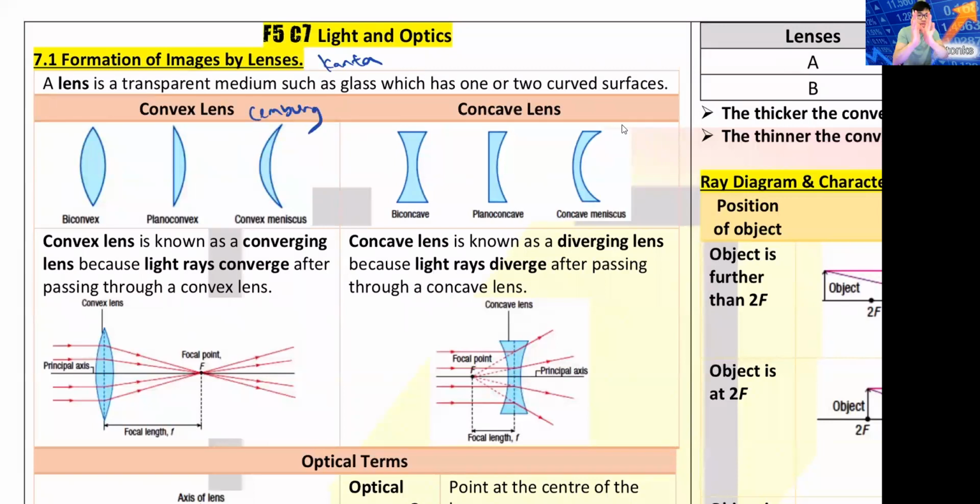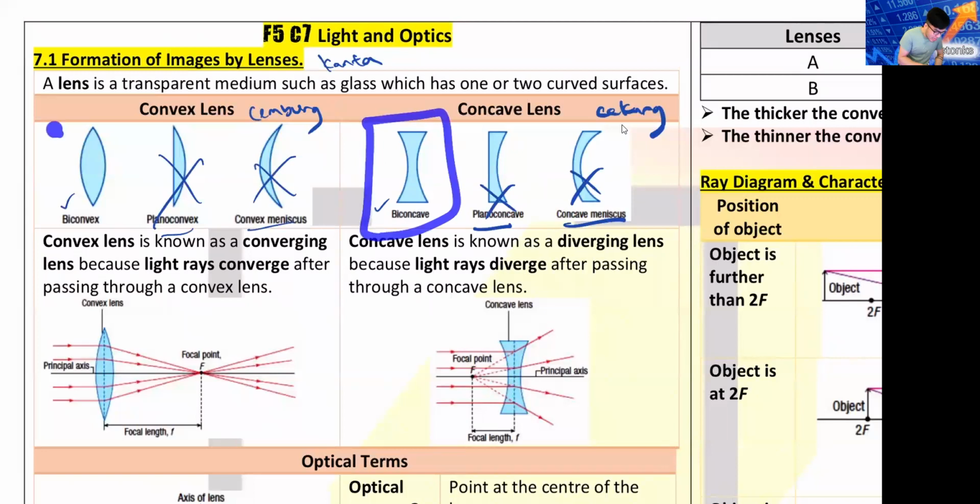And you have the going in one, which is concave lens, kanta cekung. Our focus will be the biconvex and the biconcave. Plano-convex and convex meniscus are not our concern. Our only lens to focus on is this thing.